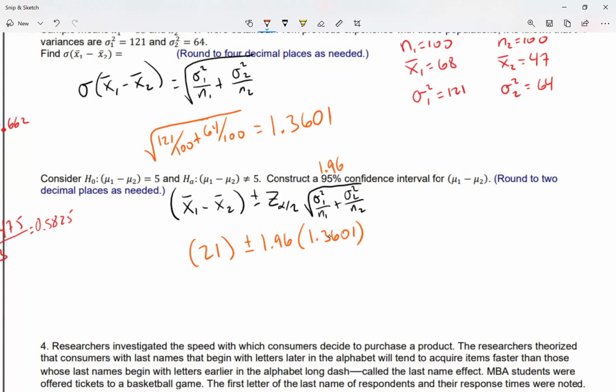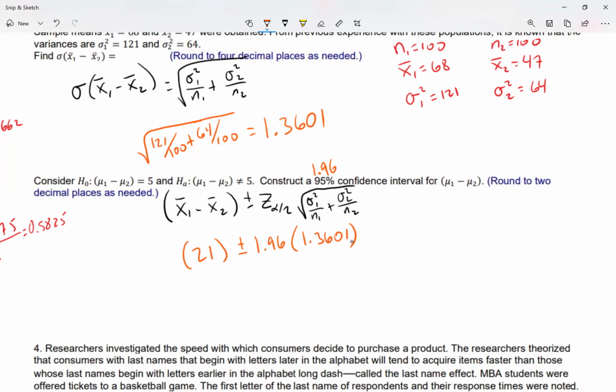Like, wait, where did this come from? From the previous question. Isn't that what we just worked? Okay. My answer, I'm going to round to 2 decimal places. So let me go 21 minus 1.96 times 1.3601. My answer, let me round it to 2 decimal places.